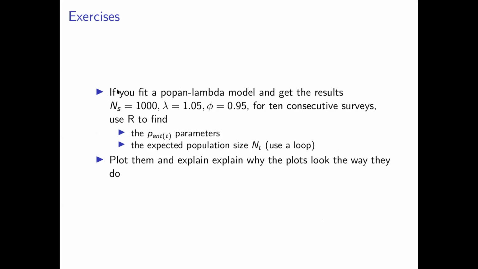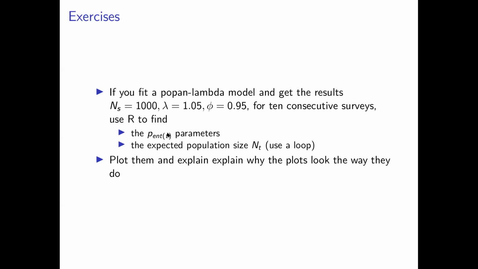And then for this exercise, you can imagine that you fit a Popan lambda model and you get the results n sub s equals 1000, lambda equals 1.05, and phi equals 0.95 for 10 consecutive surveys. So a survey at every time period. You should try to use R to find the pent parameters using the expressions that I've told you in the lectures.